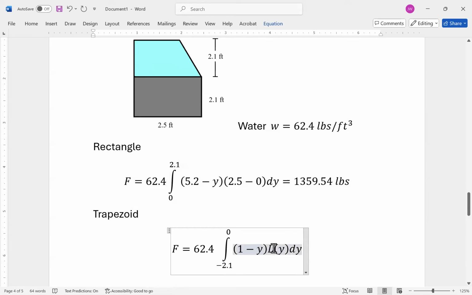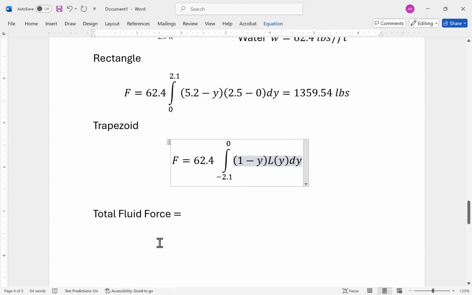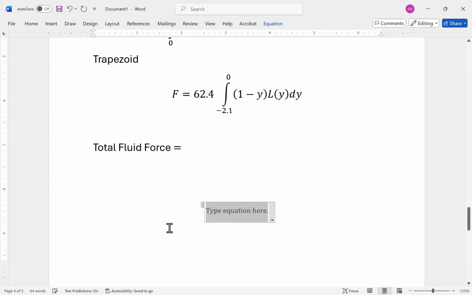And then the length goes from the right-hand side line to the left-hand side line. Remember I said, I'm going to do this. The right-hand side line is y equals, you go down negative 2.1 and over 0.3.